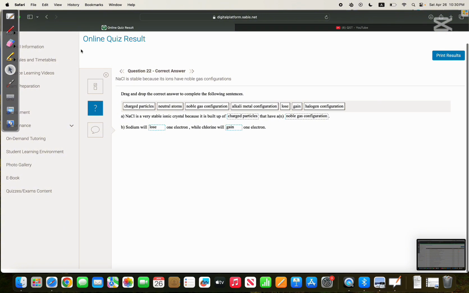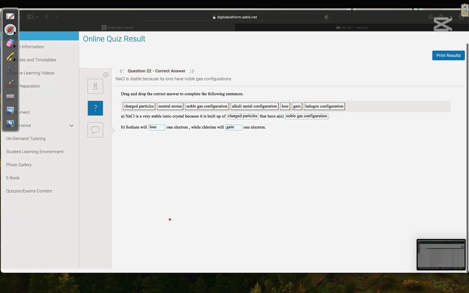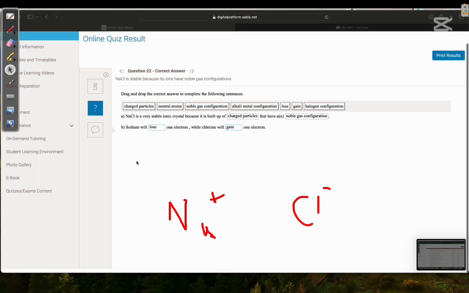They are formed of charged particles because Na is a metal and Cl is a non-metal, and they're charged since we use Na plus and Cl minus. And they are trying to get noble gas configuration, so the compound is stable.